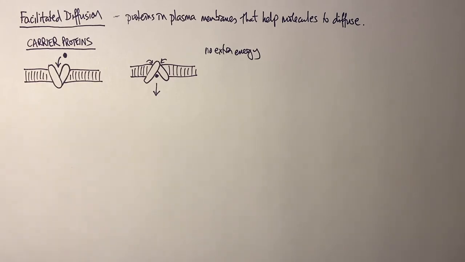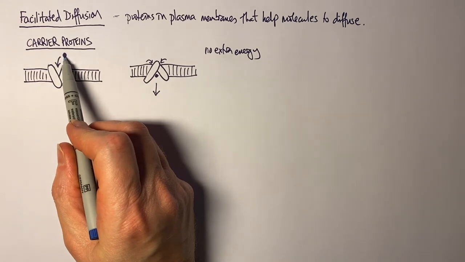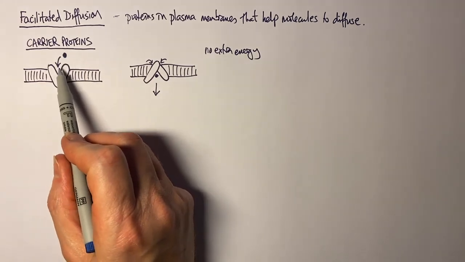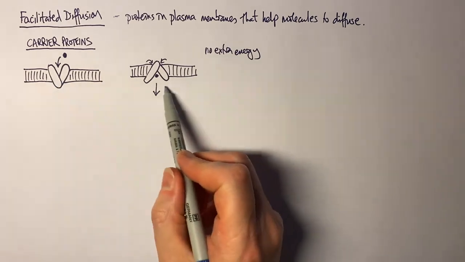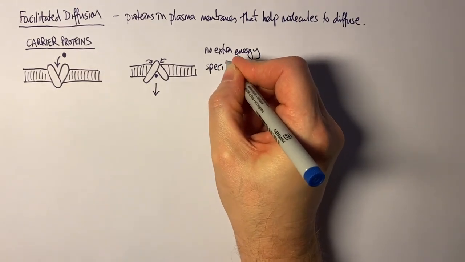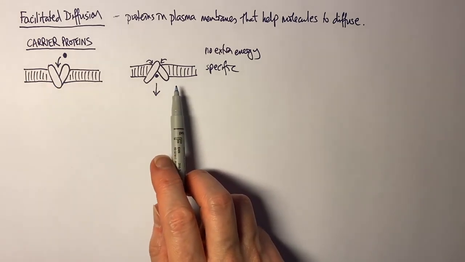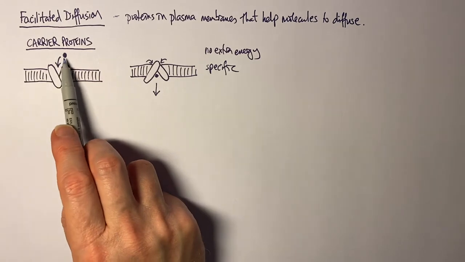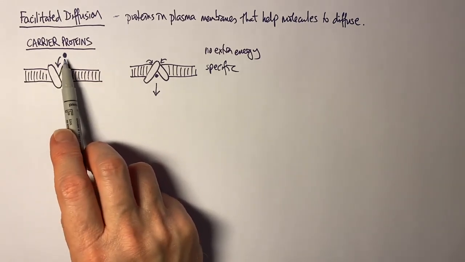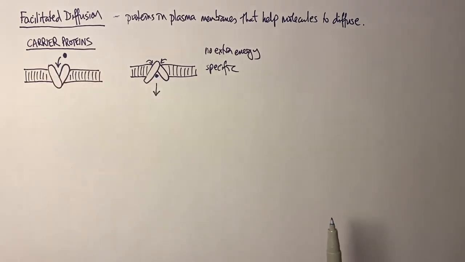The other thing that is really important is that only this molecule can enter and make this protein change shape so it can pass through. So it means that these protein carriers are specific to the molecule. It doesn't allow any old molecule to get through. It has to be a particular molecule that will enter that site and allow it to pass through. They are carrier channels.